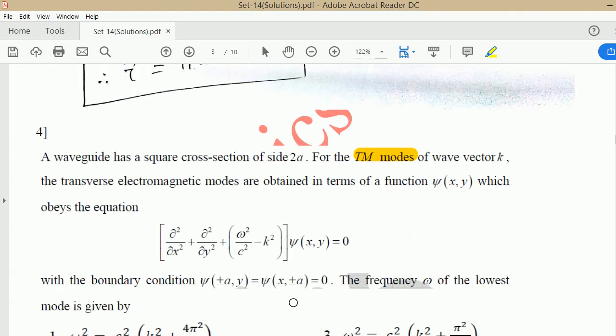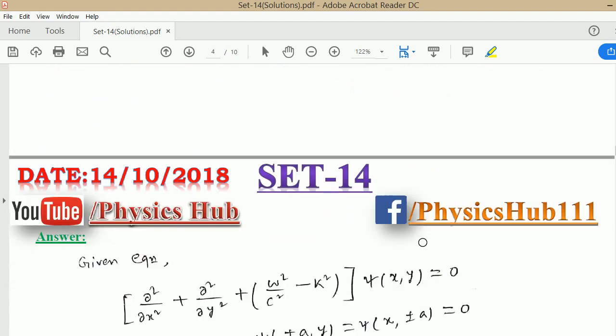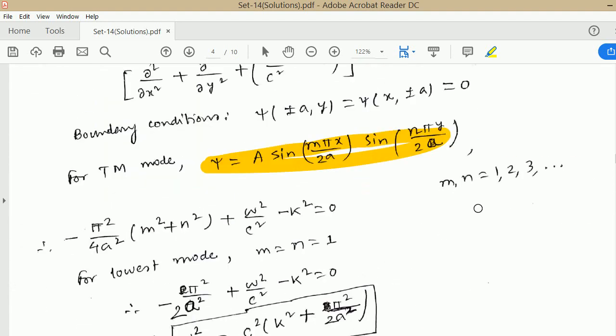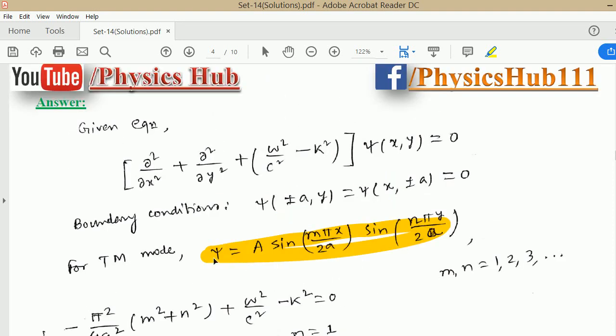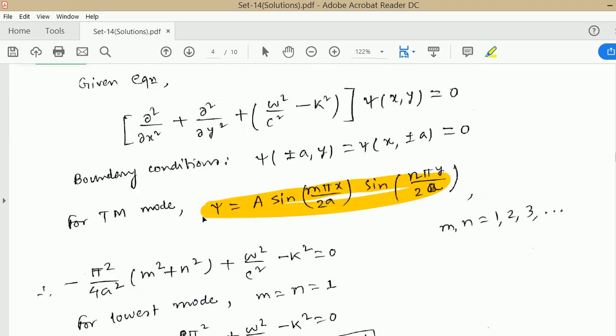Here it is a square of side 2a, so a is replaced by 2a, and m takes the value 1, 2, 3, and so on. Now if you put this value of psi and operate this operator on psi, you get a relationship like this. So you take the double derivative with respect to x, the double derivative with respect to y, and put these values in this equation, you will get this.